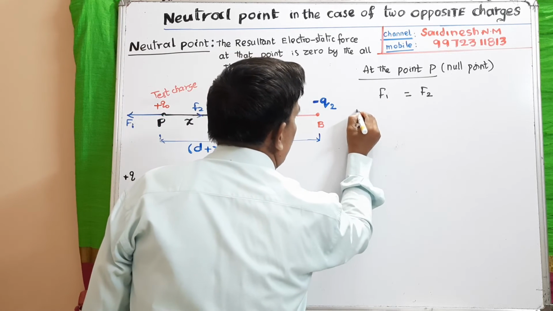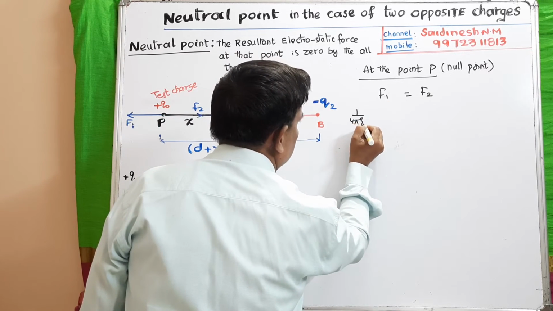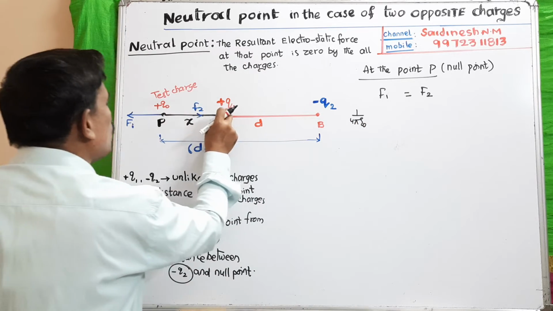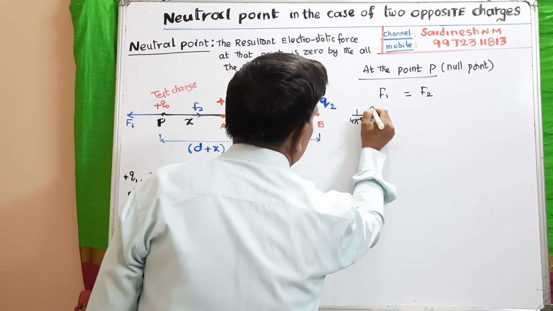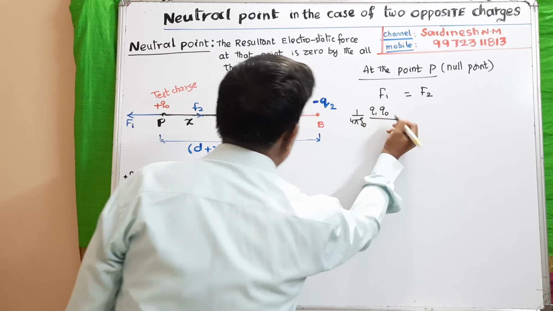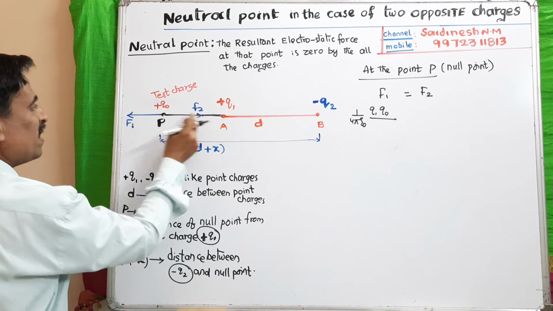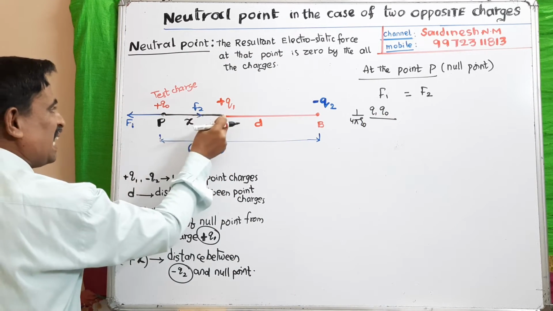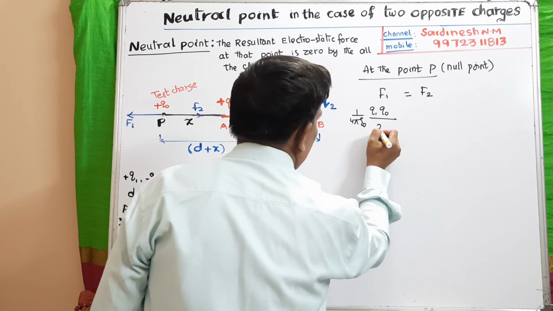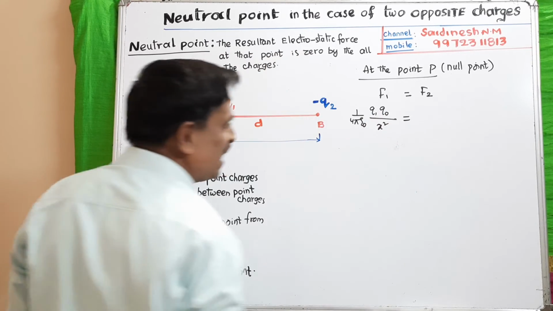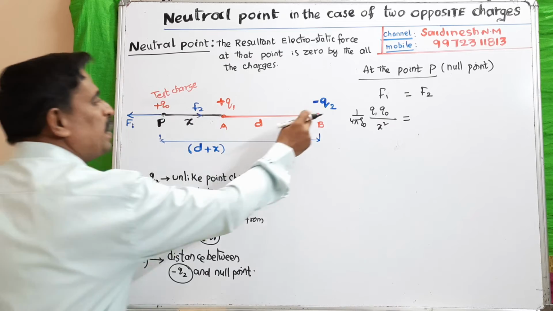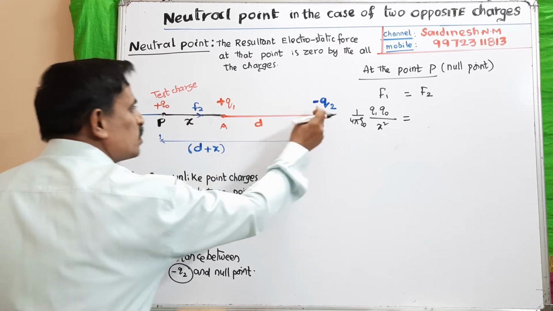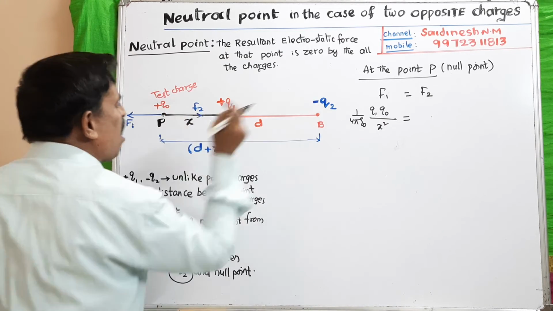According to Coulomb's law, F1 is equal to 1 by 4 pi epsilon naught, Q1 Q0 by the distance between these two charges, which is x squared. This is equal to the electrostatic force between Q2 and Q0.